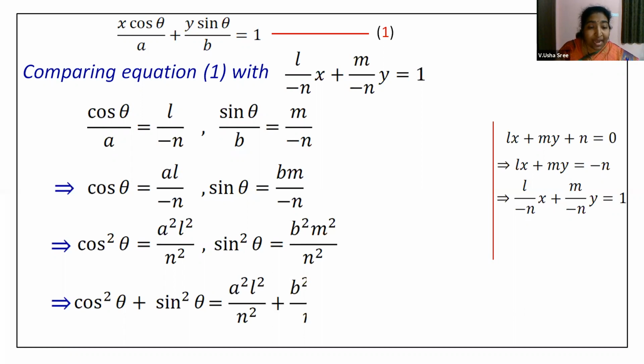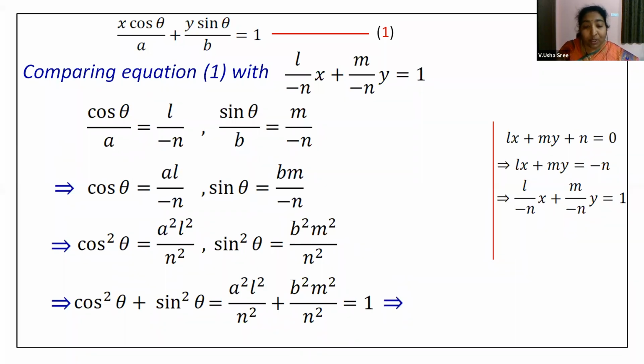That means I should add these two values, and it should be equated to 1 because the trigonometric identity is equal to 1. Now, when you take LCM, your LCM is n square. When LCM is n square, then on cross multiplication and simplifying the numerator, this is a simple one. They are like fractions, isn't it? So with same denominators.